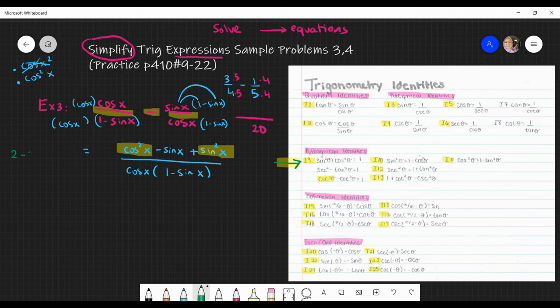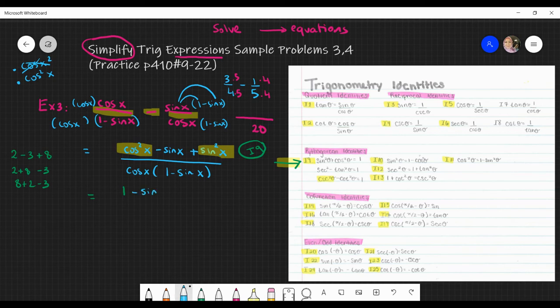Let's say we had 2 minus 3 plus 8. I can simply rearrange that into 2 plus 8 minus 3, or 8 plus 2 minus 3. So I can rearrange it, and I can see that according to identity 9, the highlighted part will give me 1. And I'm just going to copy everything else.